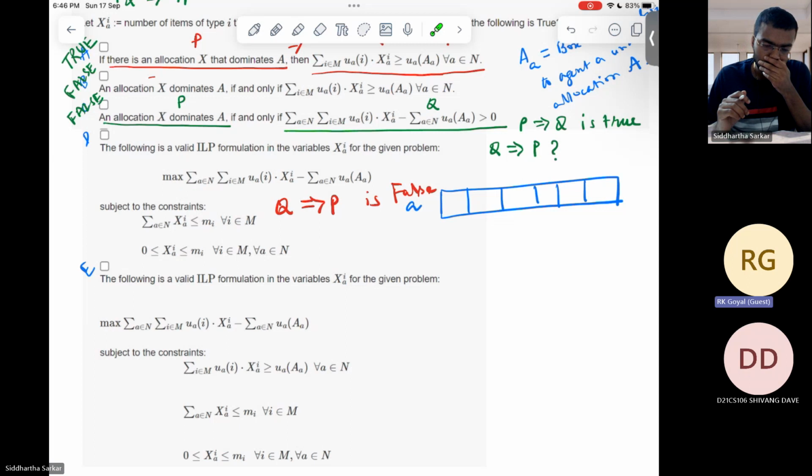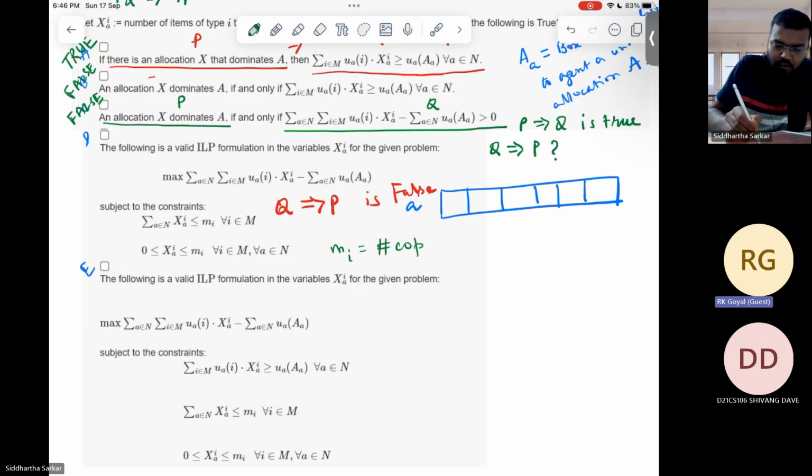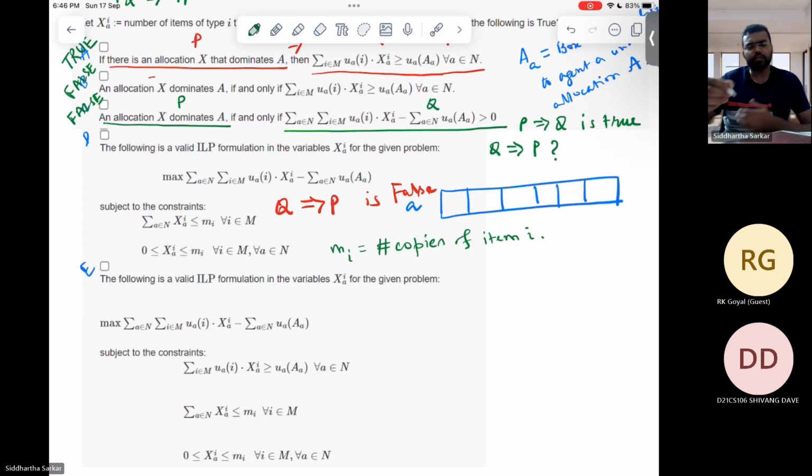So what's the meaning of the second constraint? The first one is fine, that the items allocated to the agent should be less than or equal to m_i. That is the meaning of m_i: it is the number of copies of item i. So it is saying that if there are only m_i copies available, let us say m_i guitars are available, then you cannot give more than m_i guitars to an agent.